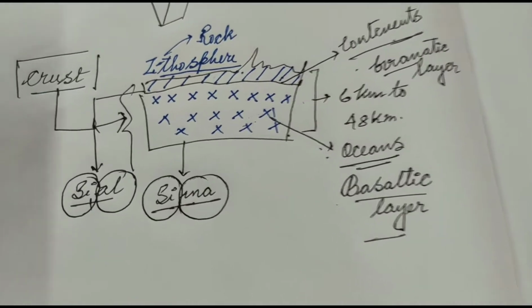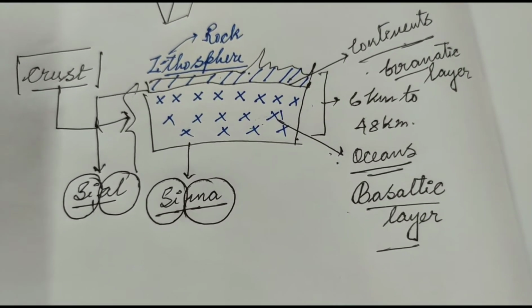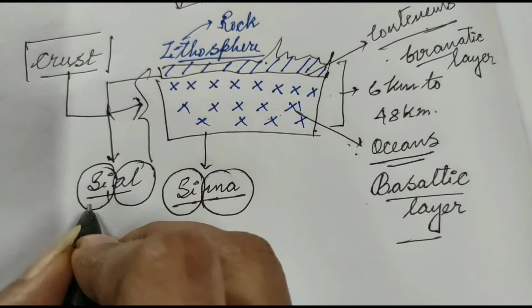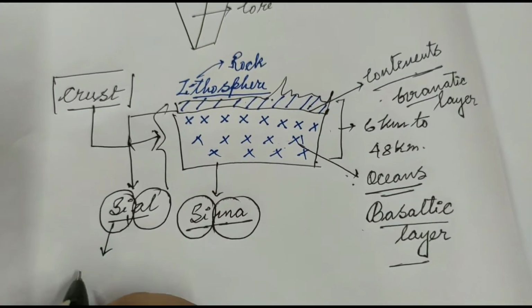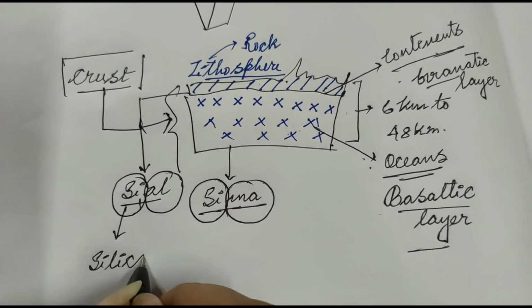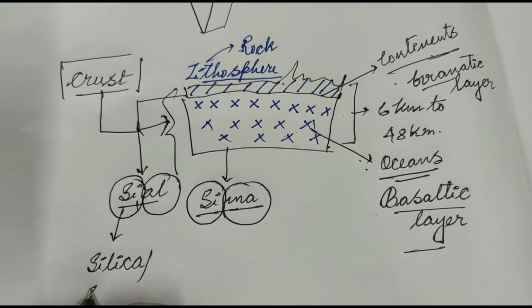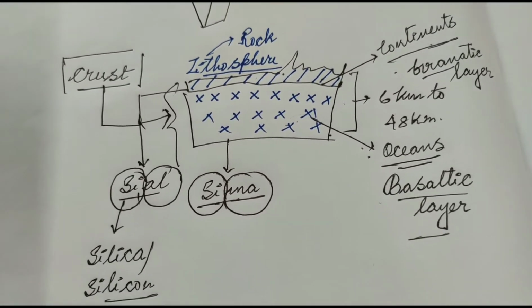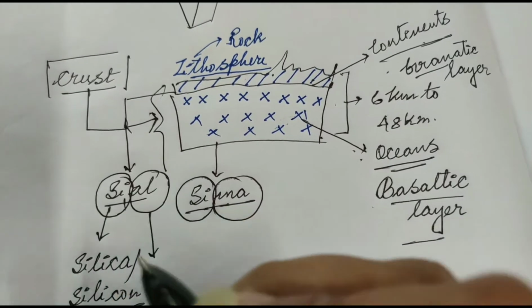Here the Sial is made up of Si, which means silica or silicon, and Al, which means aluminium.